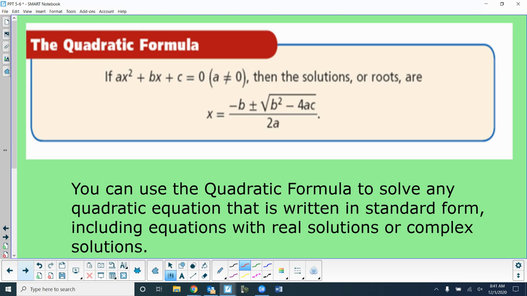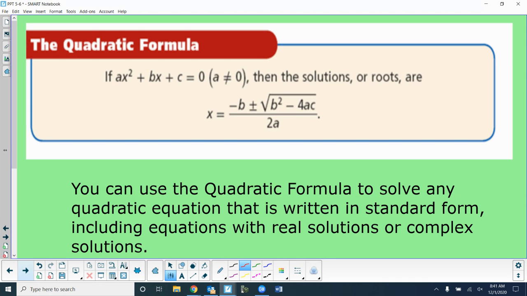We can use this quadratic formula to solve any quadratic equation written in standard form, including equations with real solutions or complex solutions. Remember, the complex ones have the i's in them, right? The square root of a negative means we got to pull the i, the imaginary unit, out. Okay, so this number here, whatever your b is, goes in for the two b's. This number here, whatever the a is, goes for the two a's.